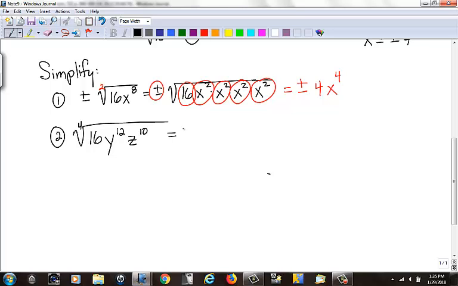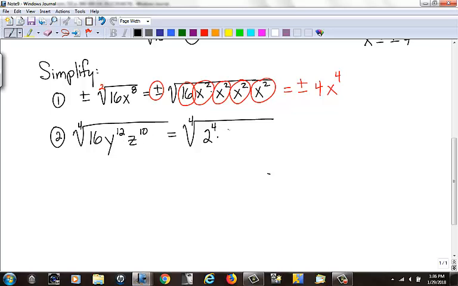It's a 4th root. So I'm looking at the 4th root of 16, which is actually 2, because I can write 2 to the 4th. 2 times 2 is 4, times 2 is 8, times 2 is 16. So I can write that 16 as 2 to the 4th. I'm looking at powers of 4 underneath the radical.